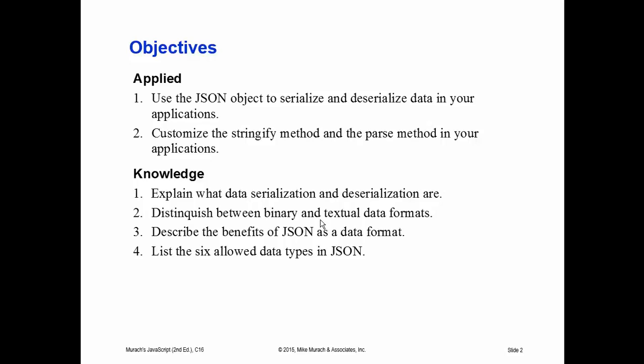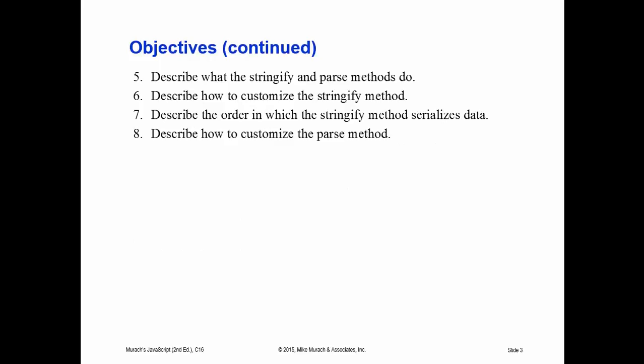Describe the benefits of JSON as a data format. List the 6 allowed data types in JSON. Describe what the stringify and parse methods do. Describe how to customize the stringify method. Describe the order in which the stringify method serializes data. And describe how to customize the parse method.